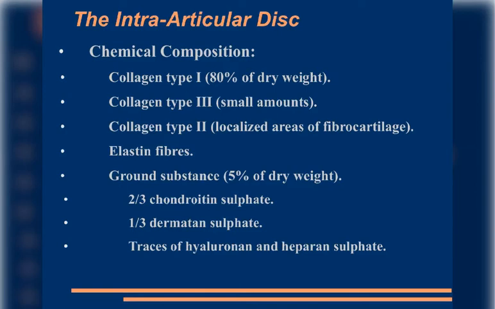So the majority of the ground substance is chondroitin sulfate followed by dermatan sulfate. The majority of the fibrous matrix is collagen type 1.